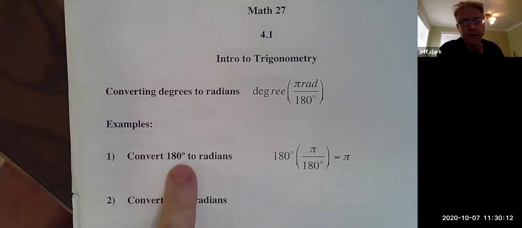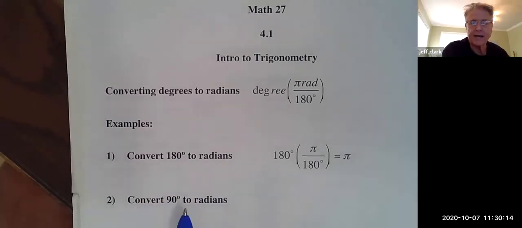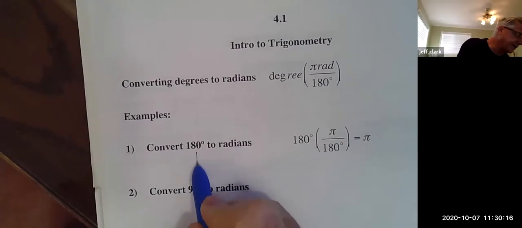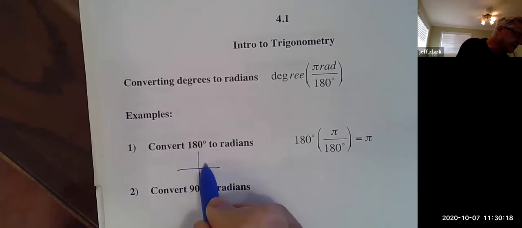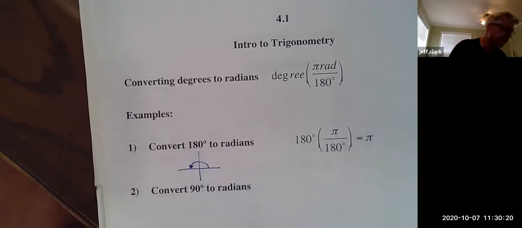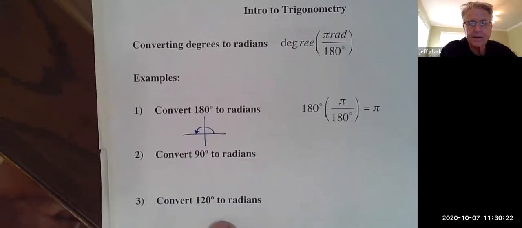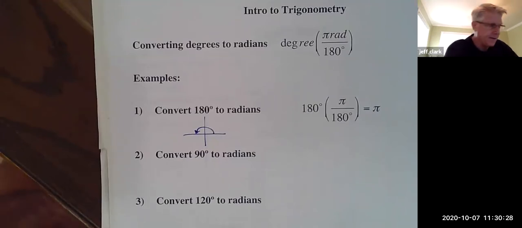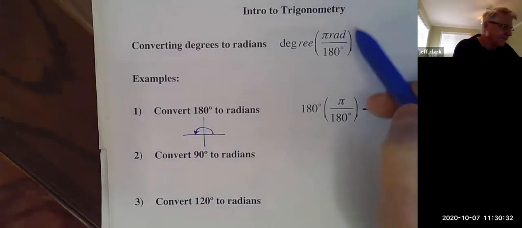So 180 degrees. All right, that's positive. You know that 180 degrees would look like this. That's 180 degrees. There is a radian measurement that is equivalent to 180 degrees. And there's a little conversion formula if you wanted to memorize this.